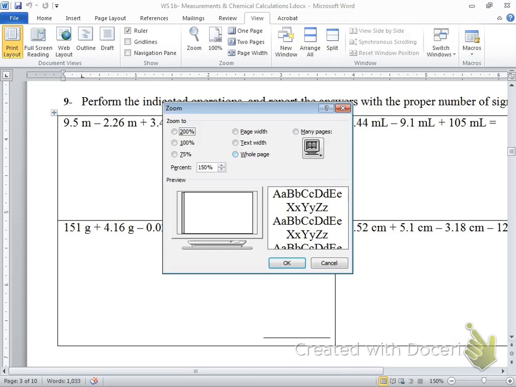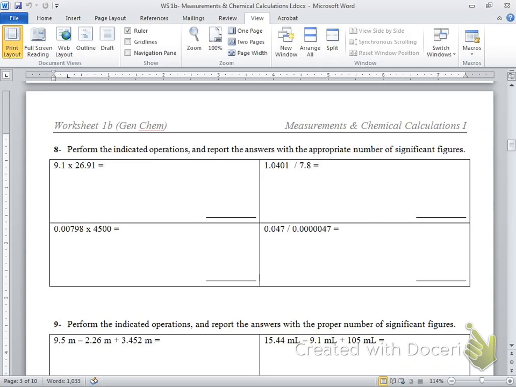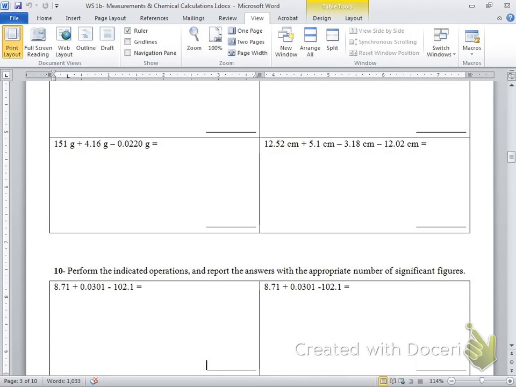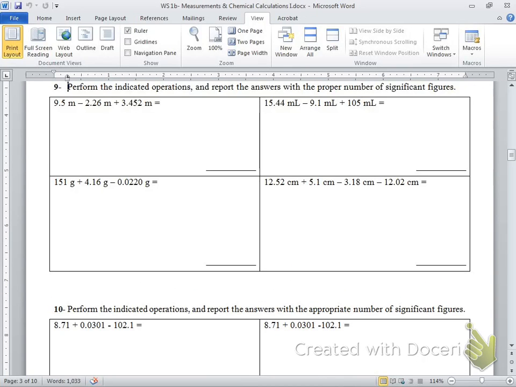Is there a margin width? Whole page width? You could do many pages. I want to put 100 pages on there. There we go. All right, so I didn't go far enough down, sorry.